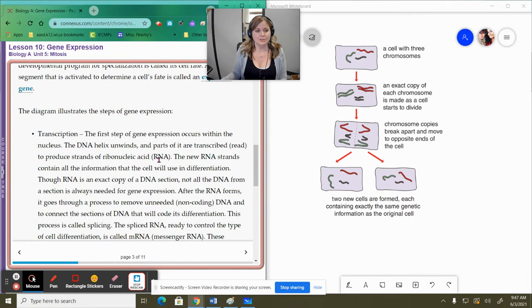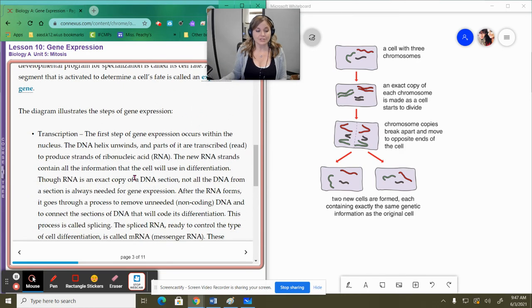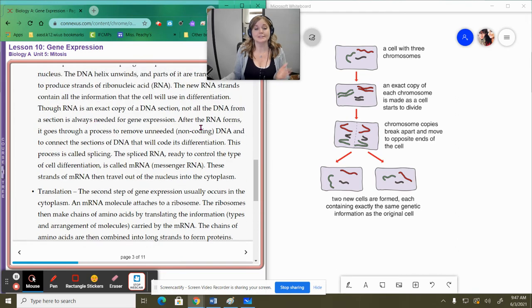So then we go into what gene expression is, because remember, in order for a cell to become differentiated, it has to undergo gene expression. Gene expression is, again, stuff we've talked about before. This is the process of transcription, translation, and folding. So this is really the process of protein synthesis, which we talked about a couple of times.